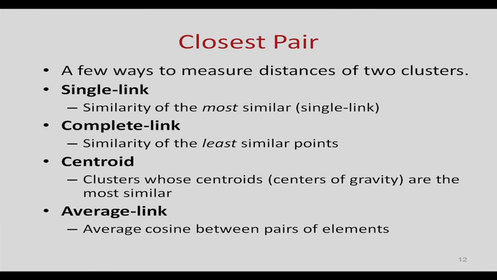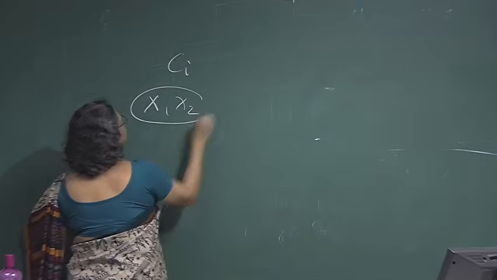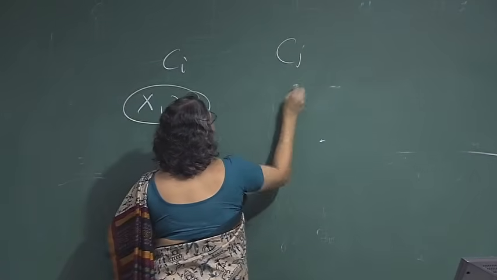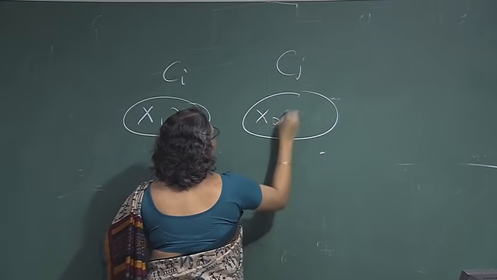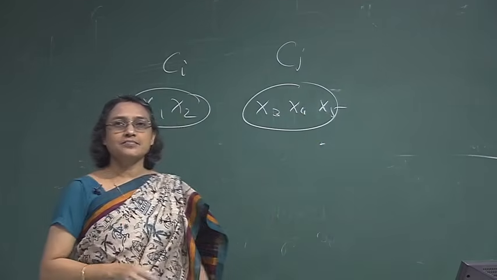So, we have cluster Ci comprising the points x1, x2, and cluster Cj comprising x3, x4, x5, right.